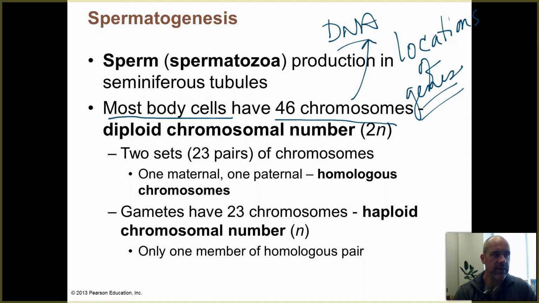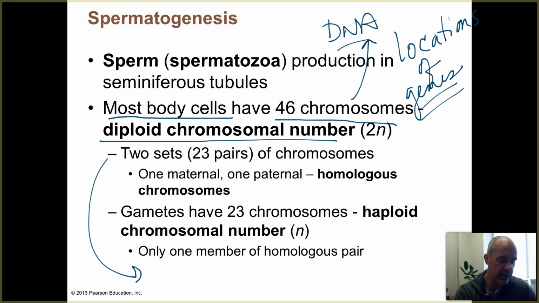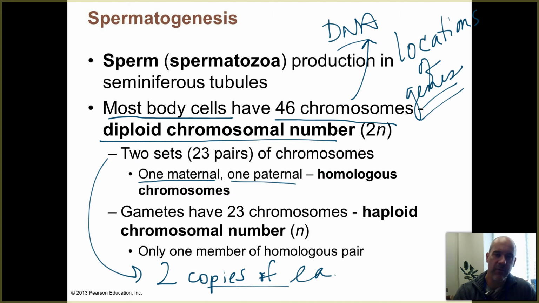All right, your 46 chromosomes are in a diploid state. Diploid means you have 2 copies of each. So you have 46 in the vast majority of the cells in your body, and it's 2 copies of 23 chromosomes. You get one of those from your mom, and you inherit the other one from your dad.